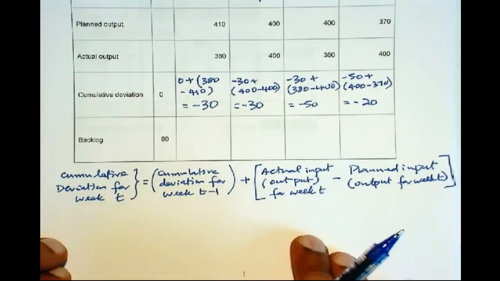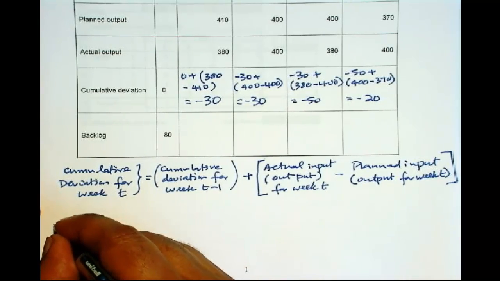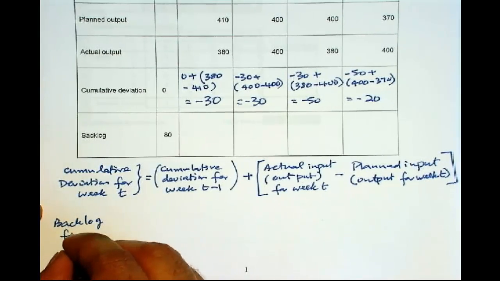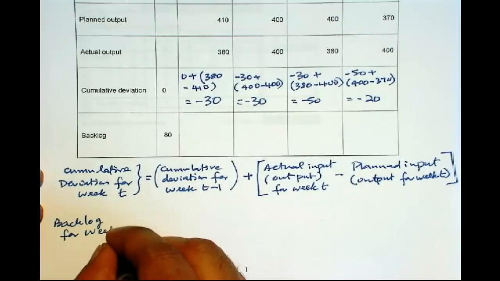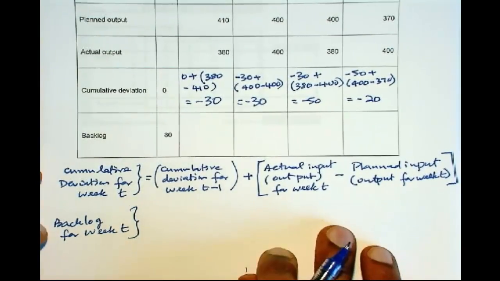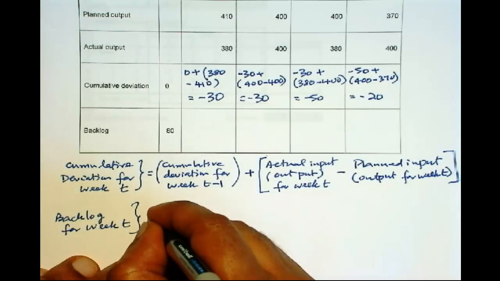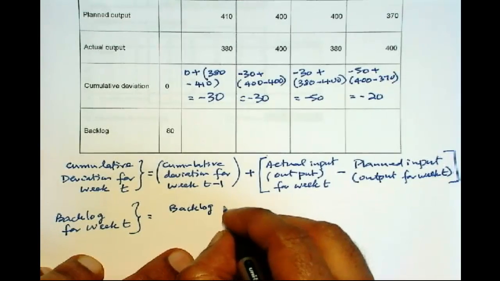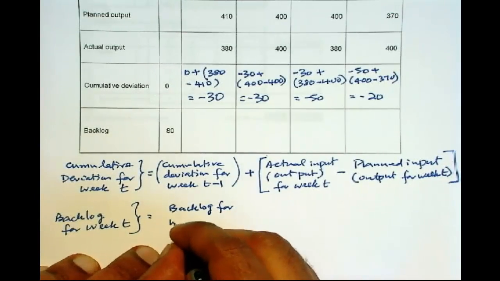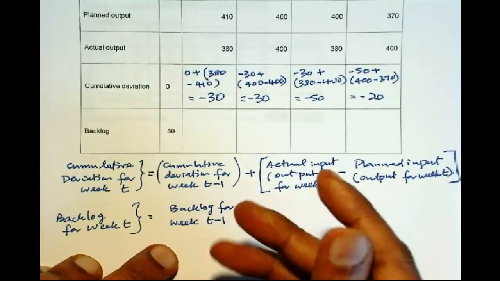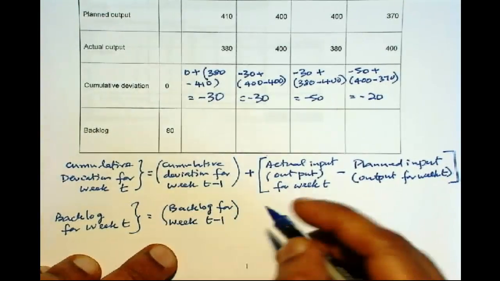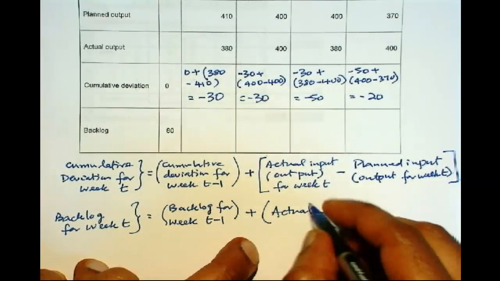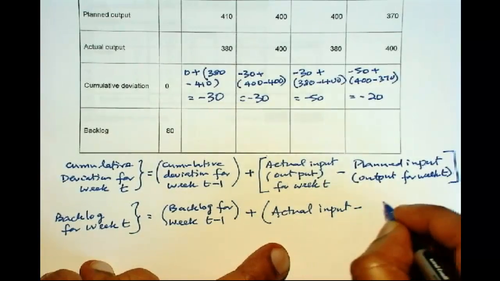The backlog for any week T is the backlog for week T minus 1, that is the previous week, plus actual input minus actual output.